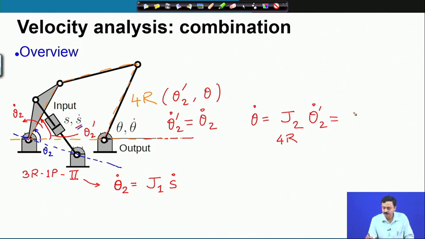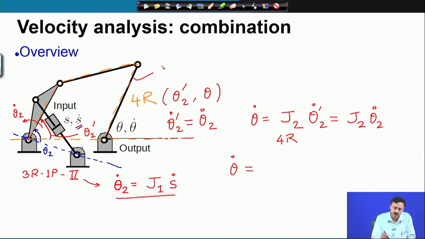And that is also therefore equal to J 2 theta 2 dot, and theta 2 dot we have already found in terms of S dot. Therefore, theta dot, which is the velocity of the output link, so this is our output, which is the bin actually of the excavator.